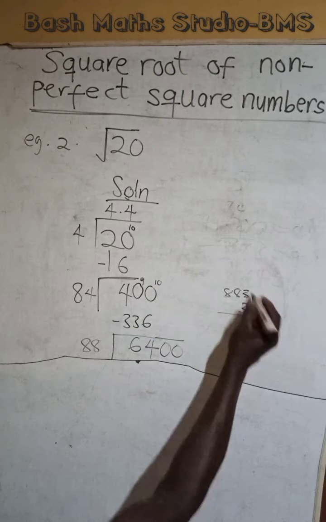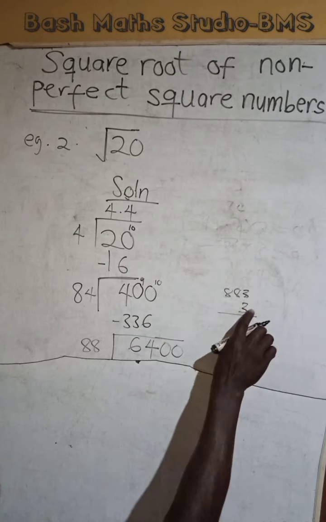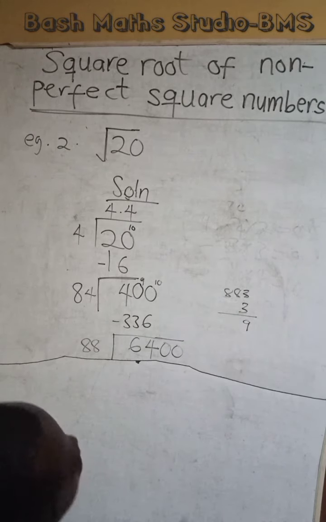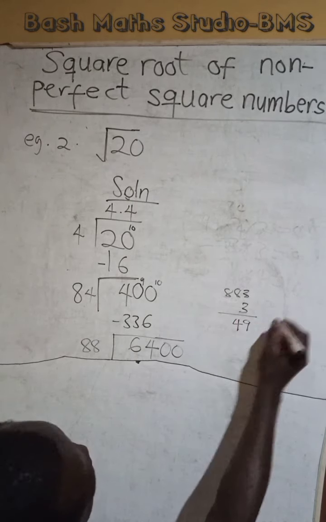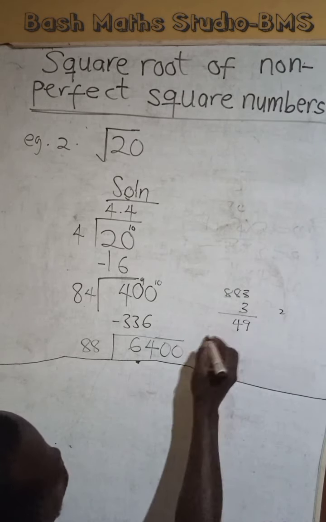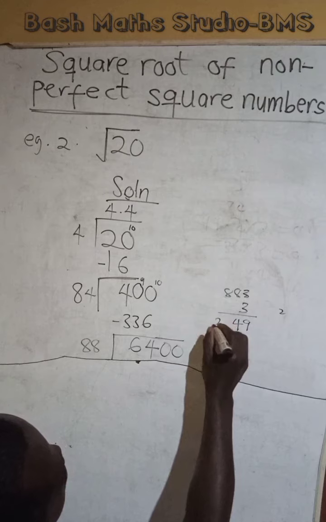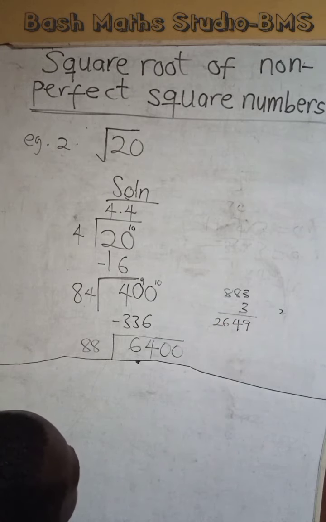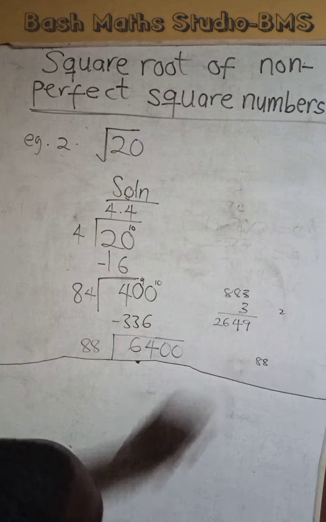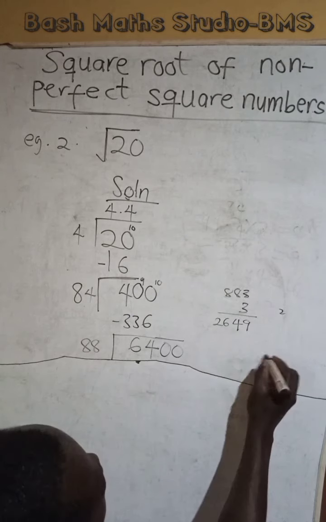This is 88. So 3 by 3 is 9. 3 by 8 is 24. 4, remember 2. To be 26, right?